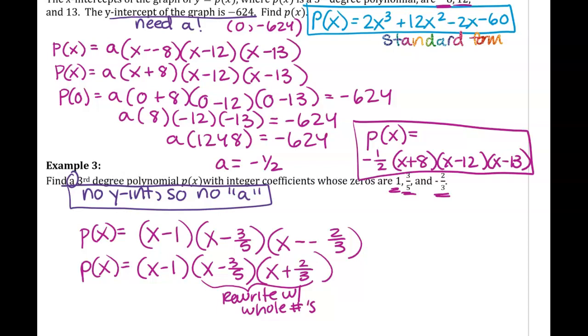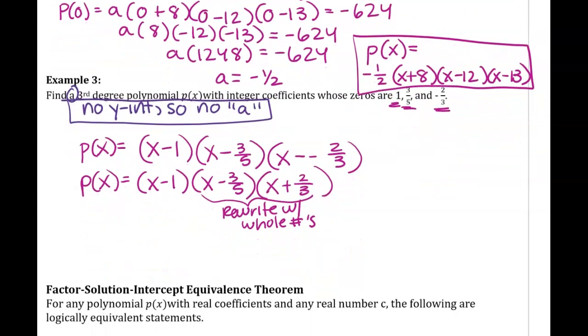So if we do that, one moment, just switching colors. So basically, when we're doing this, let's say x minus 3/5 equals 0, right? Because it's a 0. To get rid of our denominator, we can multiply everything by 5. So 5 times x is 5x, negative 3/5 times 5 is negative 3, 0 times 5 is 0. So that equals our factor that we'll use.